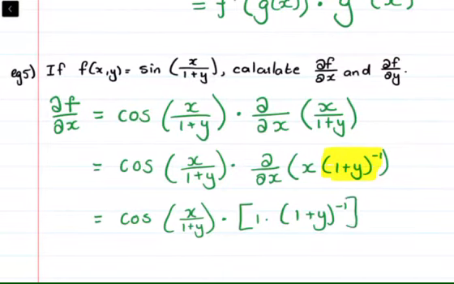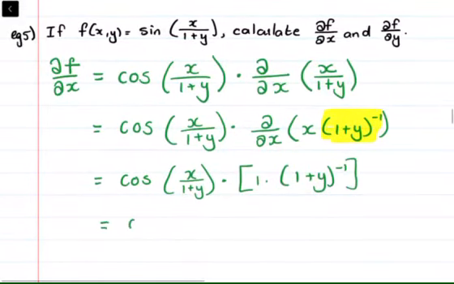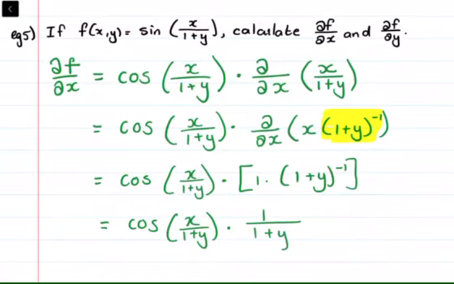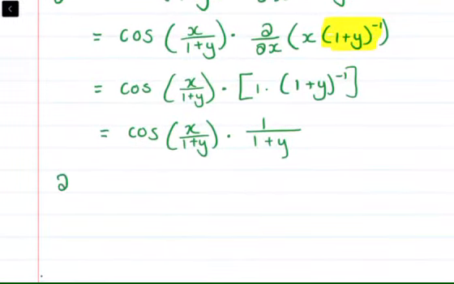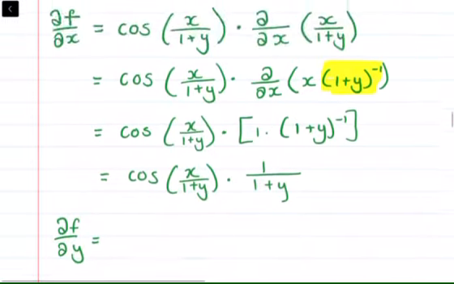What is highlighted, we treat it as a number. So then the answer is cos of x over 1 plus y times 1 over 1 plus y.